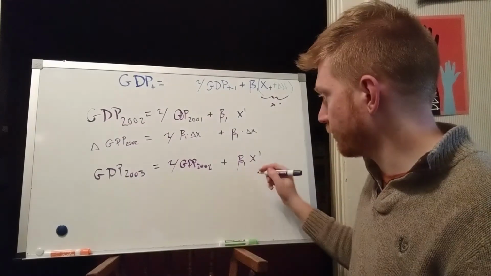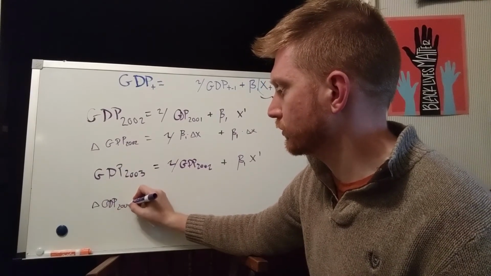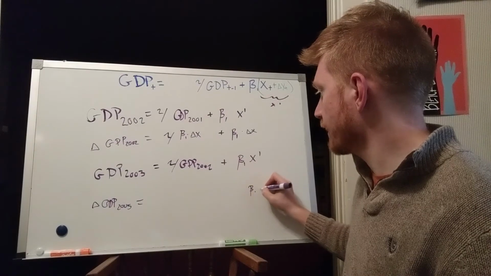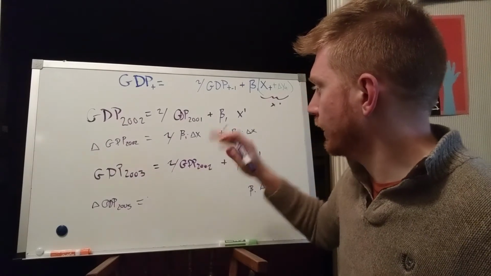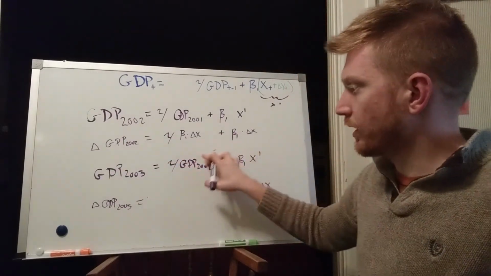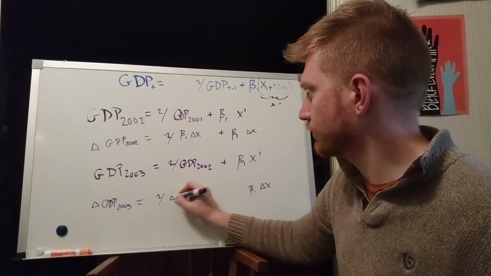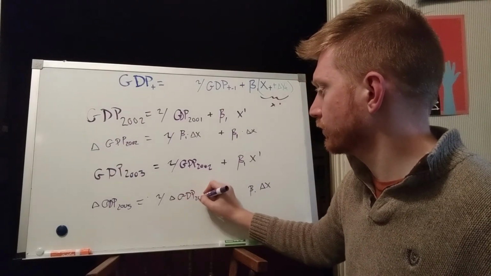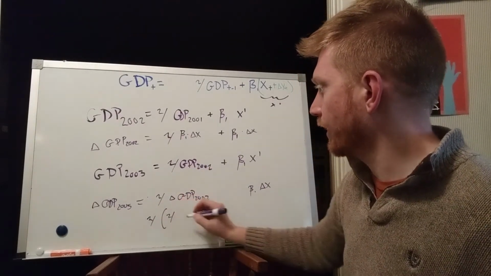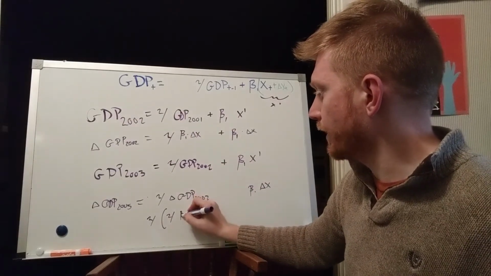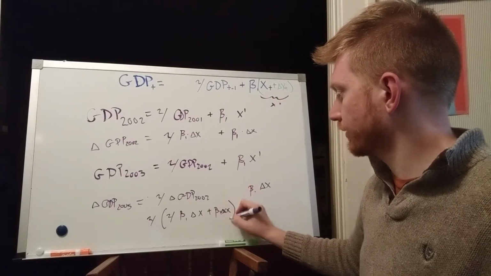We have again the direct impact, beta times change in x, and our indirect impact, which is how did GDP in 2002 change, which is gamma times gamma beta 1 delta x, beta 1 delta x.